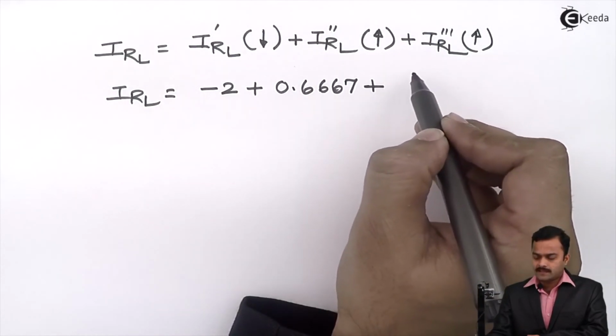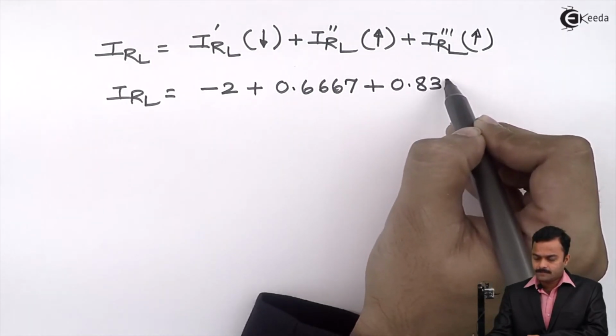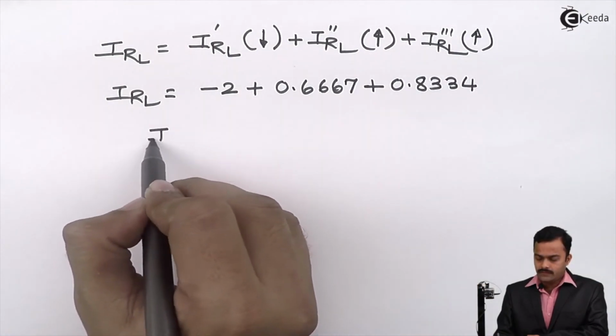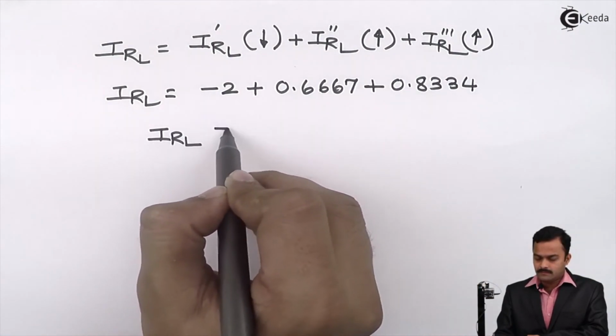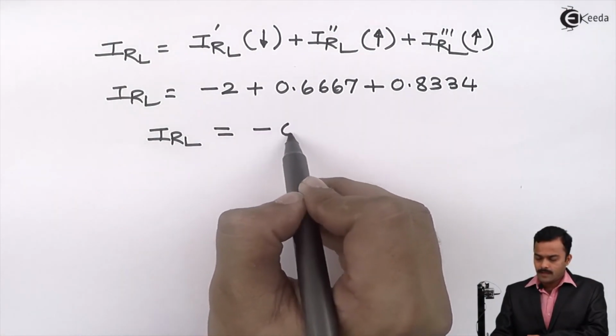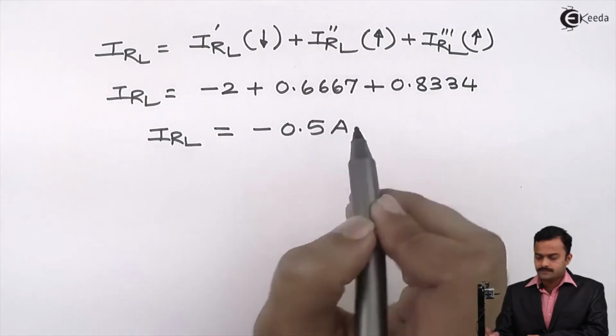Similarly, IRL triple dash will be 0.8334 ampere. So if I sum it up, I will get the answer minus 0.5 ampere.